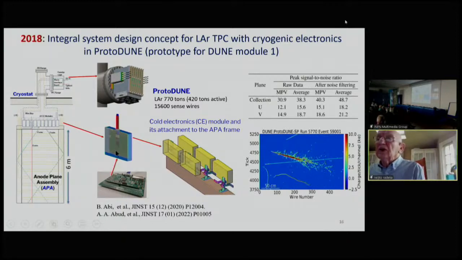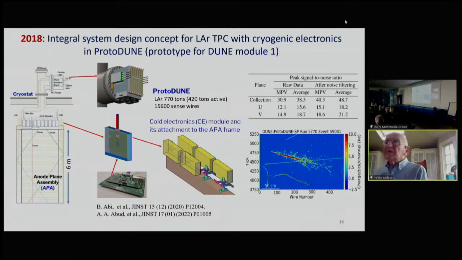With all the ASIC functions, which included ADC and digital processing, the so-called electronics modules were attached directly to the wireframe, showing again quite high signal-to-noise ratio, similar to MicroBooNE, even somewhat improved at that time, showing one shower event and one muon here in the display.